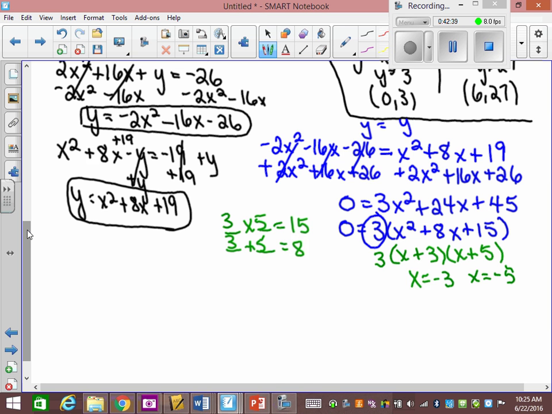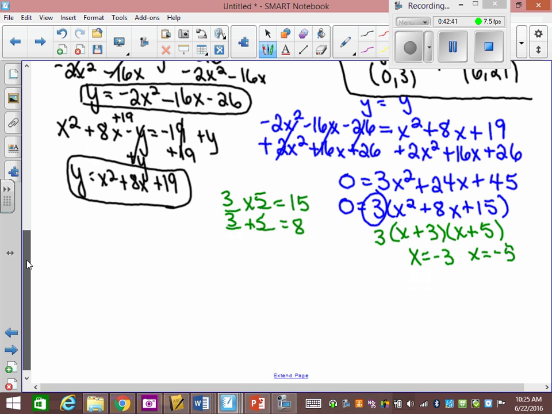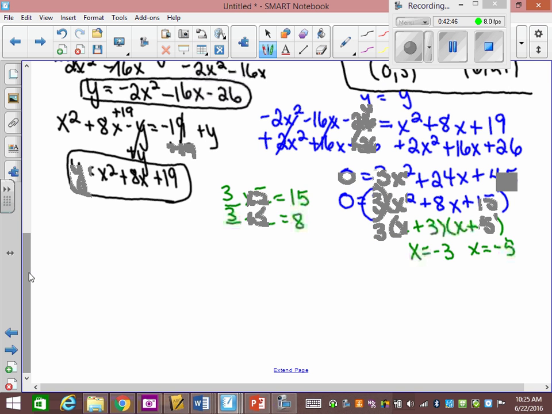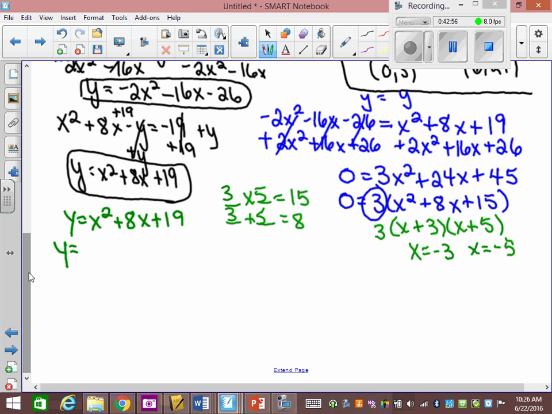And then what do we have to do? Find the y. For lack of better words, I'm going to use this one, because I don't want a negative x squared. So y equals negative 3 squared plus 8 times negative 3 plus 19.